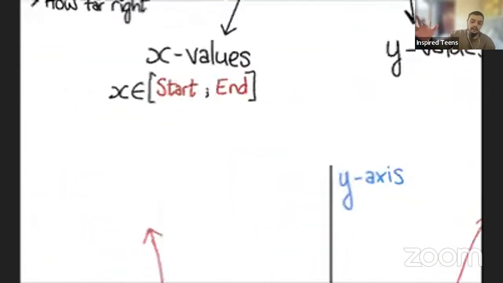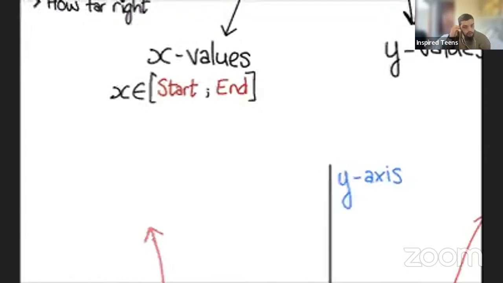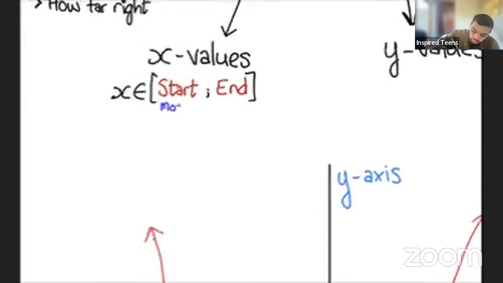So that's the first thing that's important for us to know. We're talking about the domain again, x values: x is an element of the starting x value, the ending x value. Technically the starting value is going to be the most left value, and the ending value for the domain is going to be the most right value. This doesn't just apply for parabolas, it applies for all graphs.